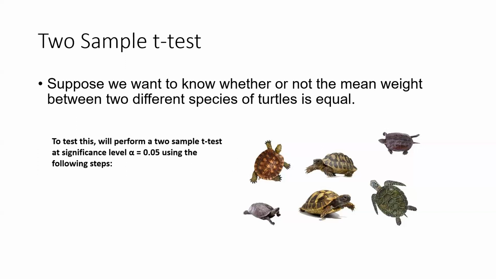We also want to be sure that we are 95% confident that after we check this test, our result is correct. So therefore, we have this significance level called alpha equal to 0.05. Remember, if I'm 95% confident, my significance level would be 100 minus 95%, which is 5%, or 0.05, right?